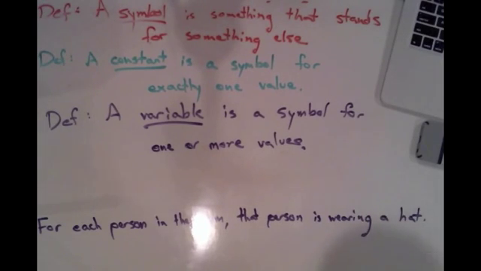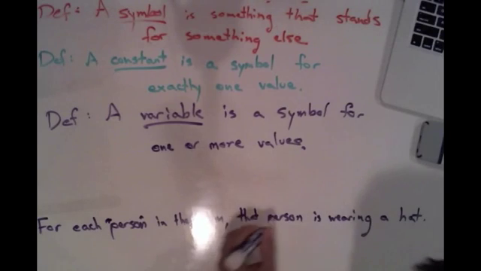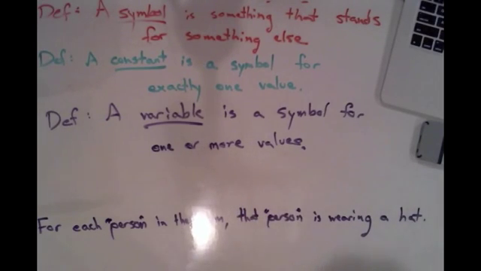Person is the variable. So, person is a symbol, and what does it stand for? It actually stands for many values. Person stands for me because I was in the room, and person stands for my friend because he was in the room too. Everyone in the room, it stands for all of them.